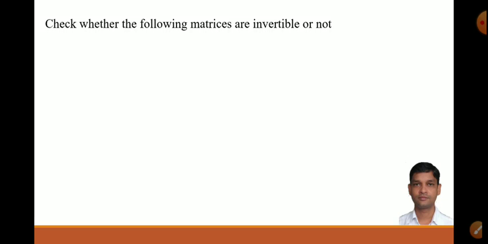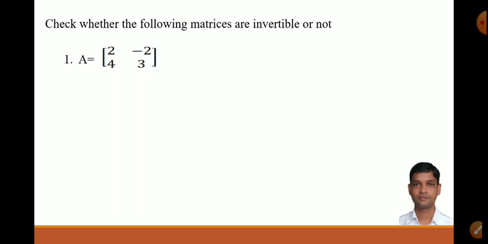First question appears like this: check whether the following matrices are invertible or not. It means you are given a matrix, and you have to just check whether it is invertible or not. You are not going to find the inverse of this matrix, just check whether you can find the inverse or not.